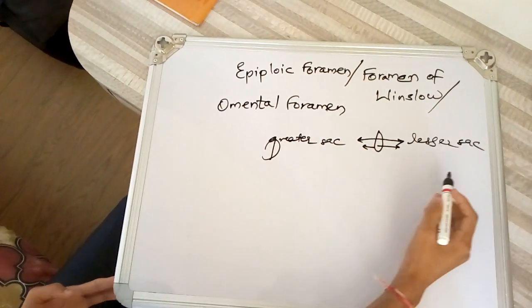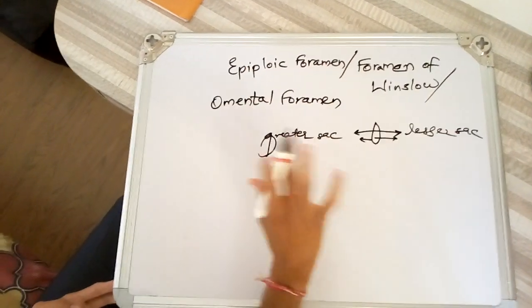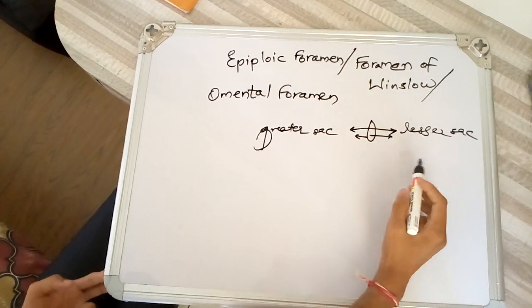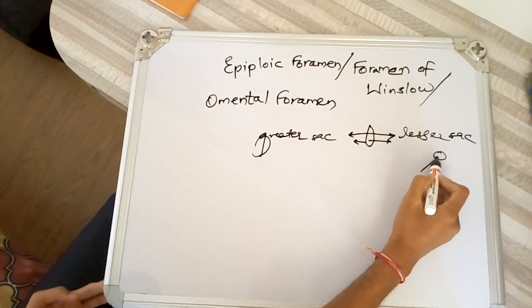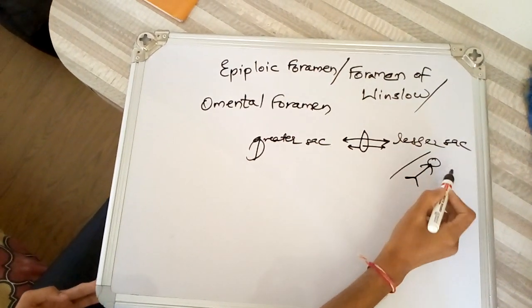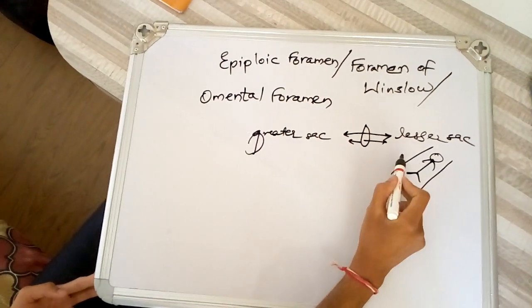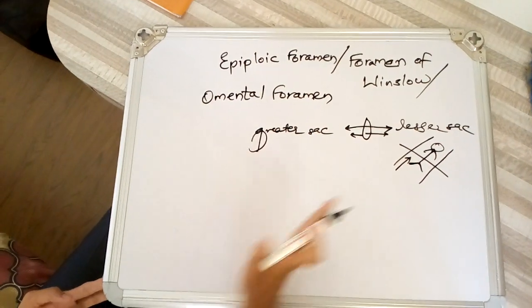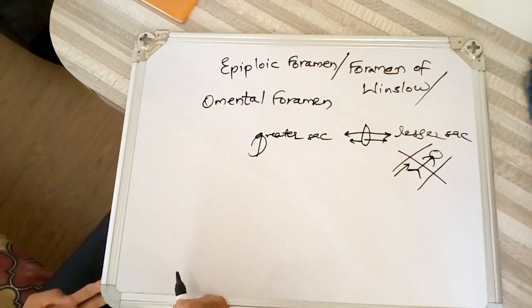So there is one diagram, it's a rough diagram. You can take it as seen in different atlases. Suppose a patient is lying in this way on the bed. You are taking a section this way such that you are observing the patient from the inferior aspect.